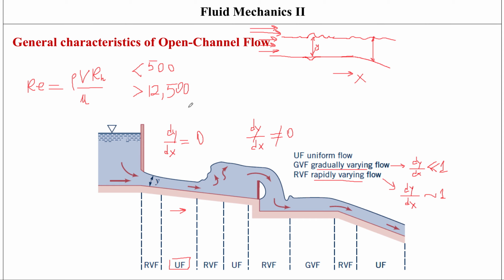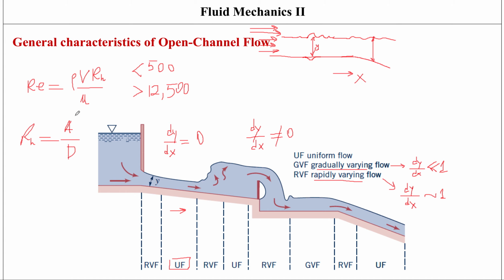And if it's anywhere in between the two, then you've got transitional flow. R_h represents the hydraulic radius, and you evaluate it as area divided by perimeter.